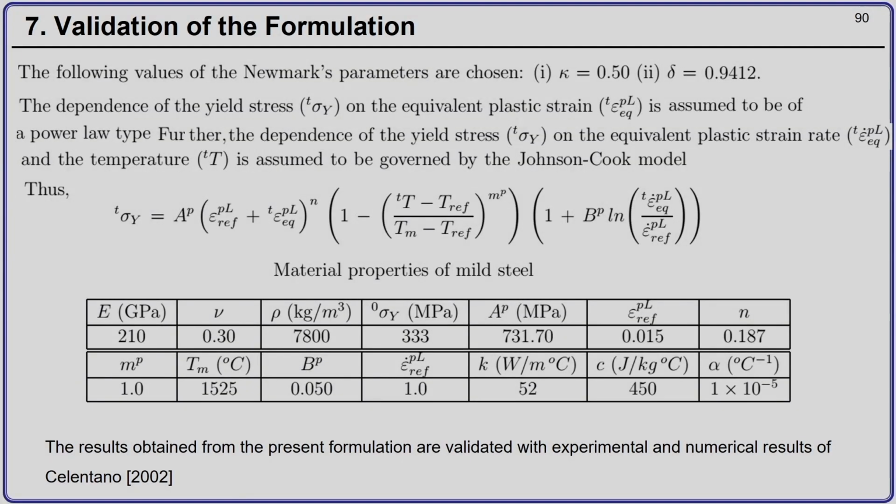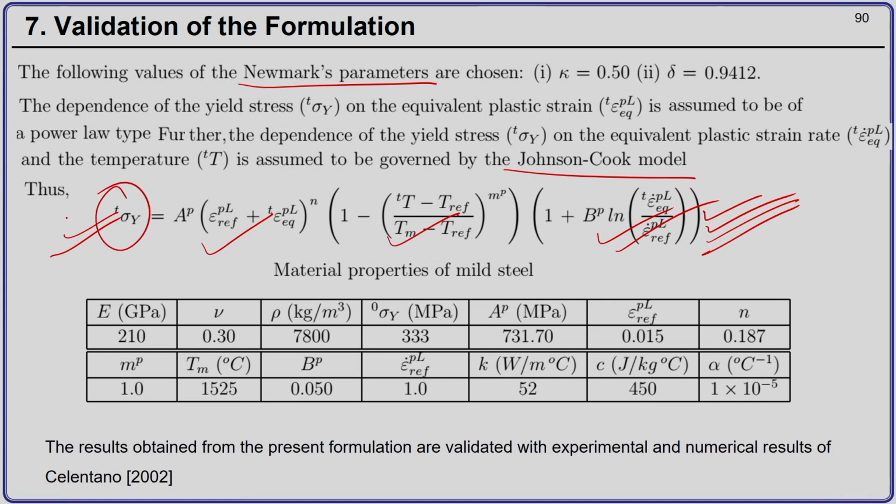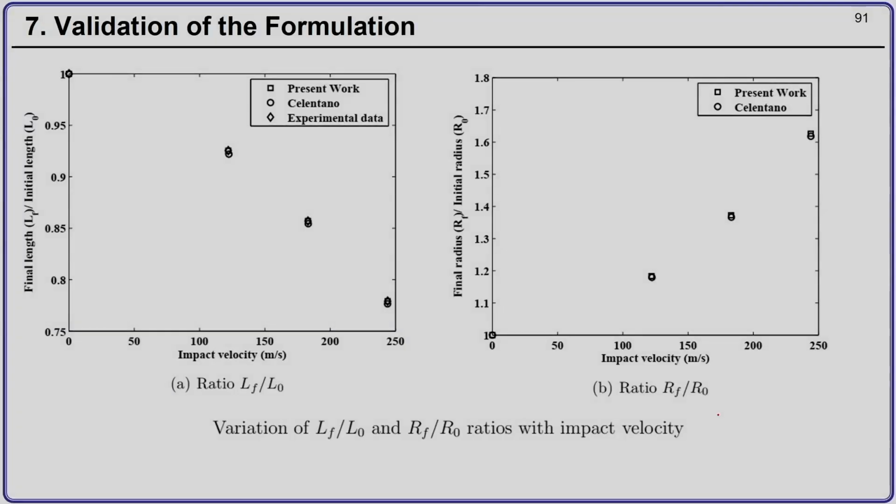We use the Newmark's time integration algorithm, and the Johnson-Cook model is used to take into account the effect of plastic strain, temperature and strain rate on the yield value. These are the material properties, and we compare the ratio of the final length to initial length of the rod with the different impact velocity, and we compare our work with the experimental and numerical work of Celentano.